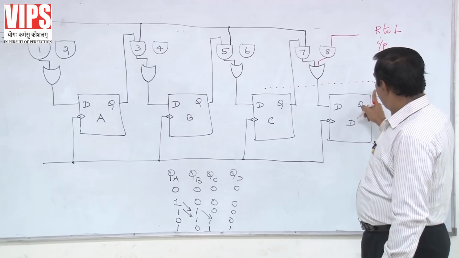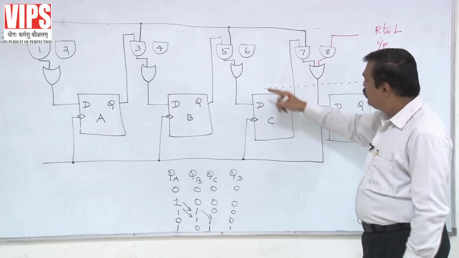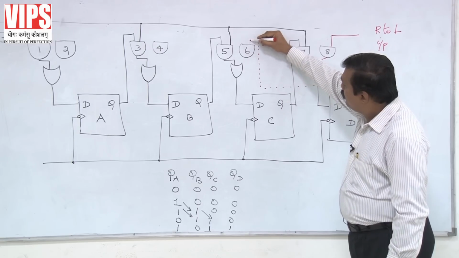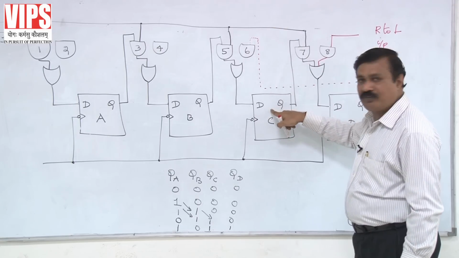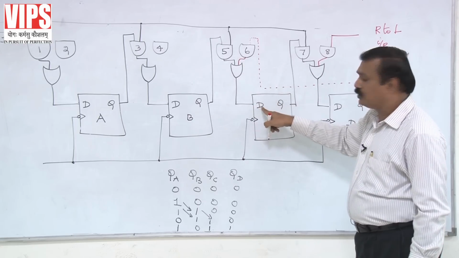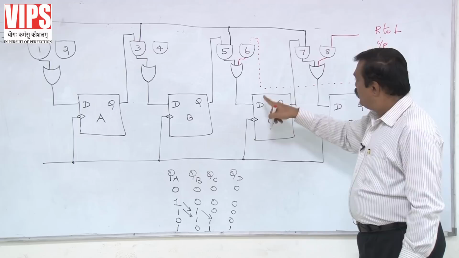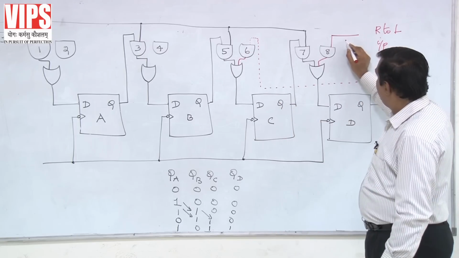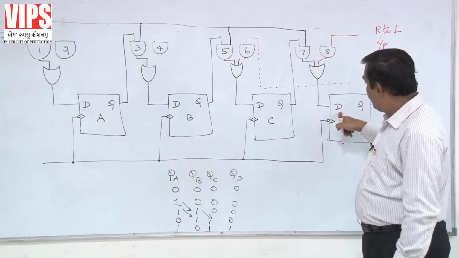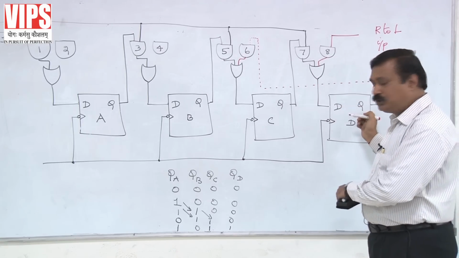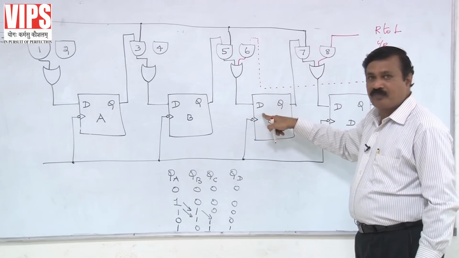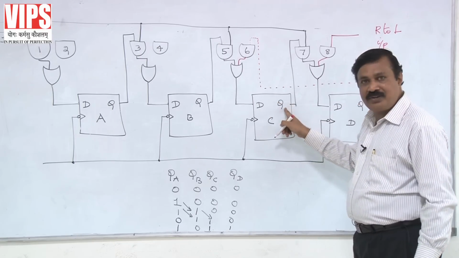Now this output is given to the next AND gate, that is the next flip-flop. Now it is connected here, this output comes here, depending upon the input here. The input is coming to D and it generates output. This output goes to the next input. If you give a clock pulse, it will generate output.